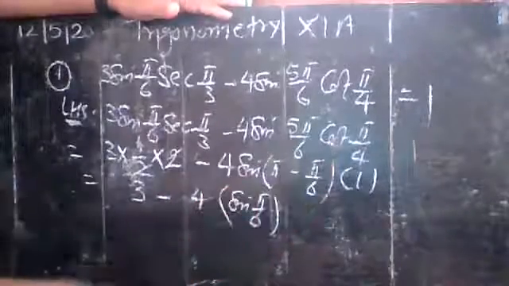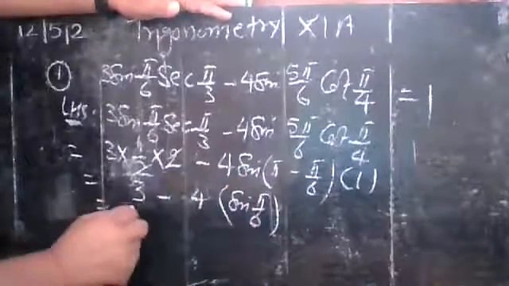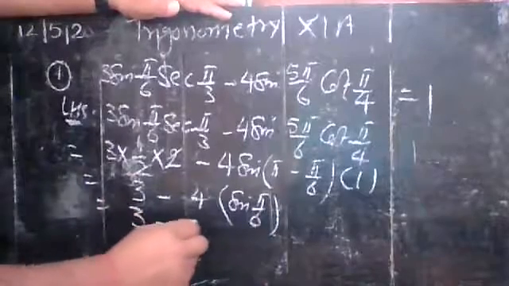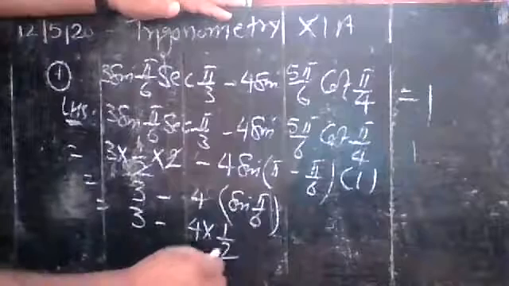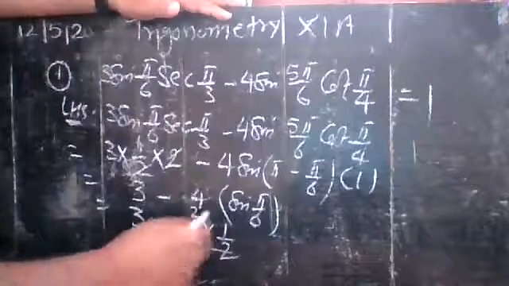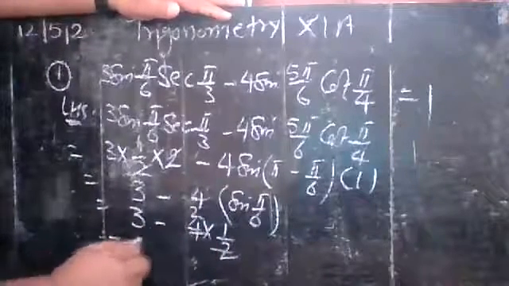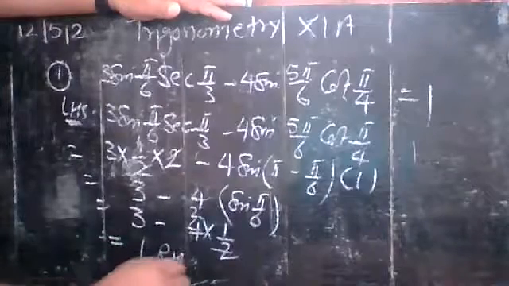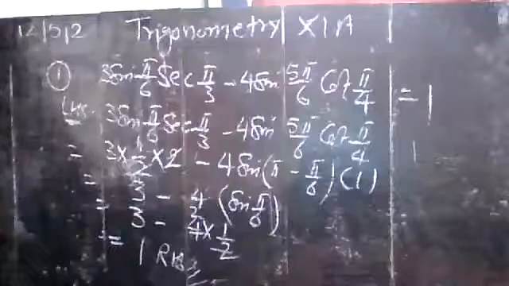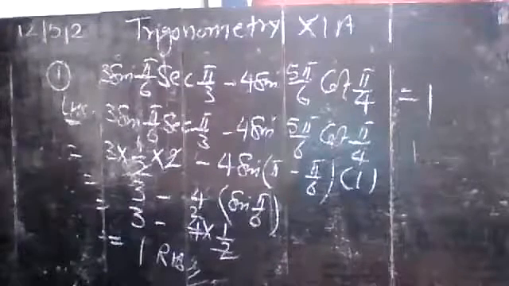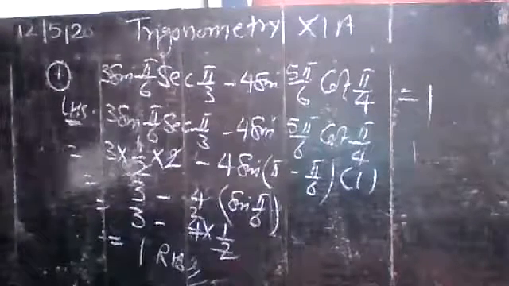So here you can write 3 minus 4 into the value of sine pi by 6, which is 1 by 2. So that is 3 minus 2, which is equal to 1. In this way, you can simplify its value. Okay, note it.